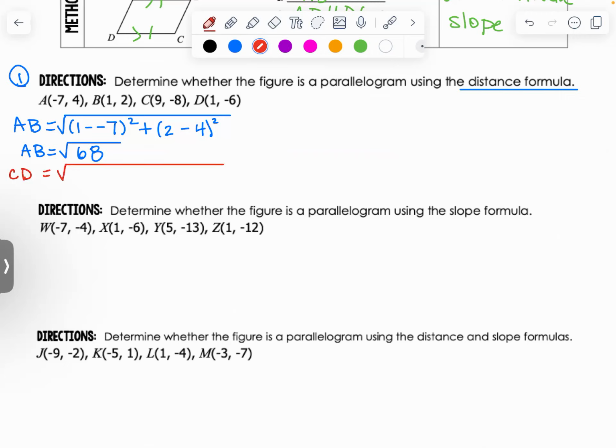So when we find the CD distance, we need to take x minus x squared and y minus y squared. Do we once again get 64 plus 4?